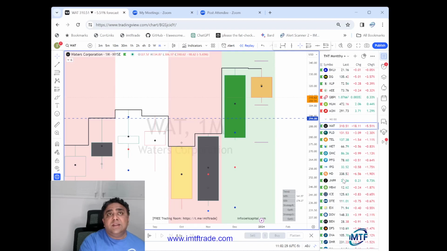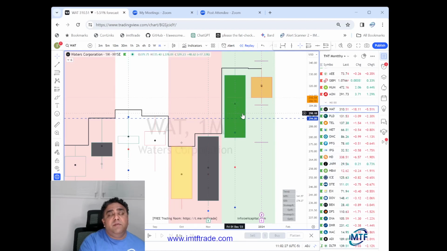These are all the trades that did not have a drawdown, and you could see even without the drawdown how successful they were.